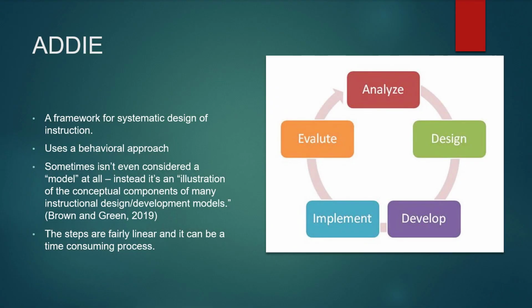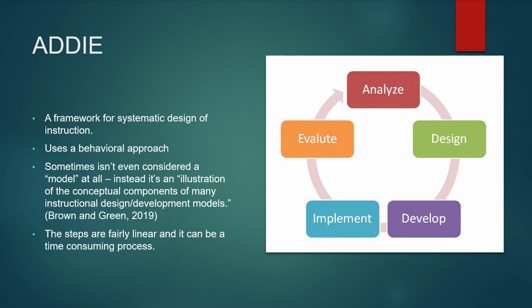Now let's take a deeper dive on each of these models. We'll start with ADDIE, which is one of the most well-known ID models. One interesting thing to know about ADDIE is that not everyone actually considers it a model.